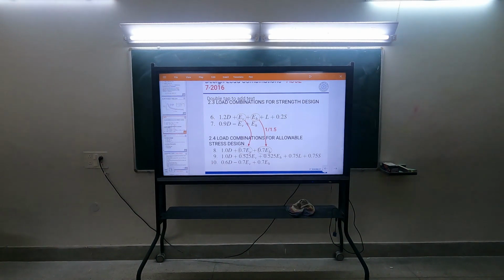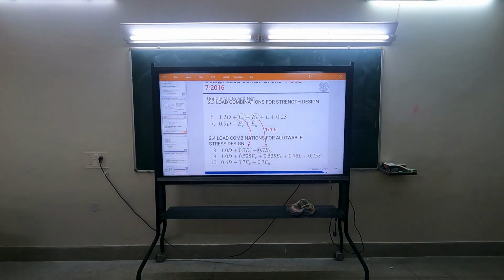So that the ratio is approximately 1.5. Initially, all the structures were being designed using working stress method, so at that time they were using serviceability level earthquake. Then the limit state method came. Then they had to define another level of earthquake which should be used in limit state method so that there is a parity in the design. So that's how this ratio 1.5 came, and that corresponded to approximately DBE, 10% in 50 years.